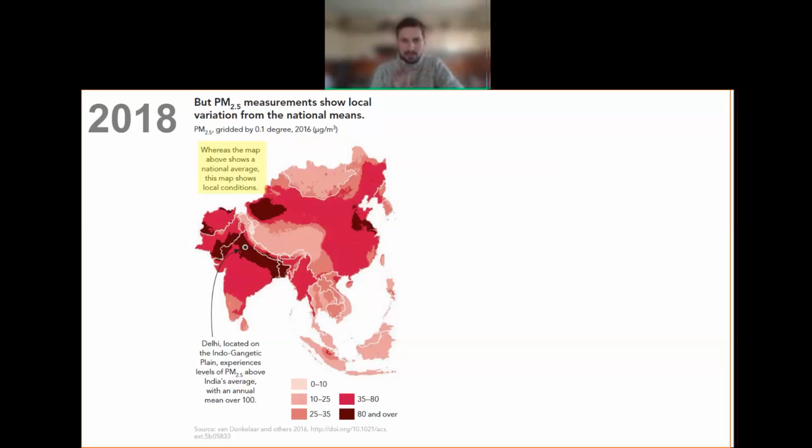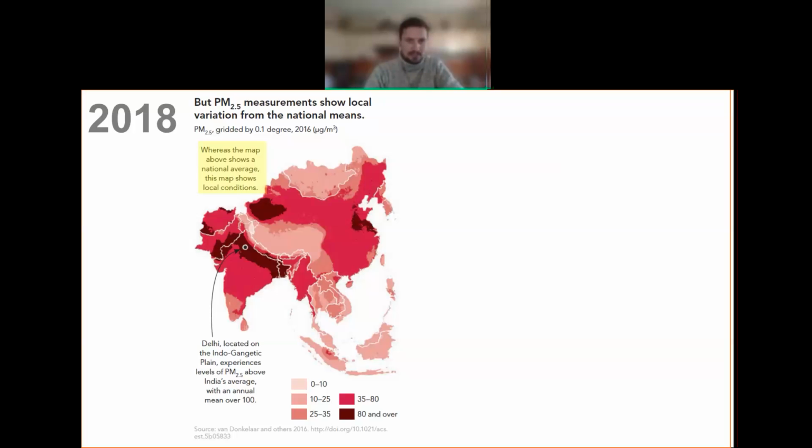And so it's very interesting to be able to look at this and dive in onto a particular sub-region. So here you can see the spatial variations of particulate matter contamination. And you see that Delhi, the city of Delhi, is highlighted on the chart. And there is a reason for that.